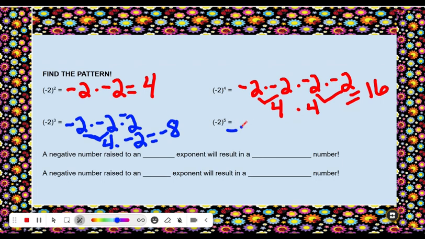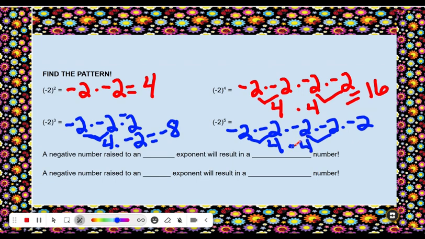(-2) to the 5th. So we write it 5 times. -2 times -2 times -2 times -2 times -2. So -2 times -2 is 4. -2 times -2 is 4 again, so 4 times 4. But then we have times a -2 at the end.